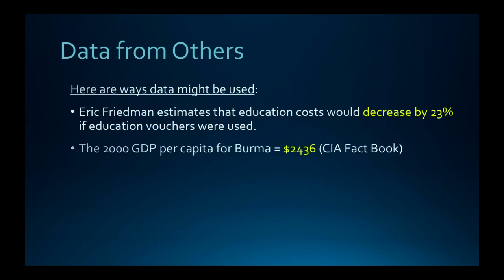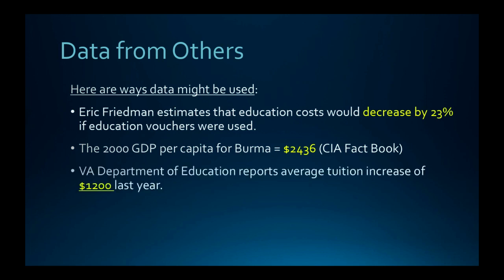The 2000 GDP per capita for Burma is equal to $2,436. And do you note, I've told you where it's coming from, CIA fact book. So in a presentation, if I give data like this, I can cite it right here when I use it. Don't leave the viewer wondering, well, where'd you get that from?